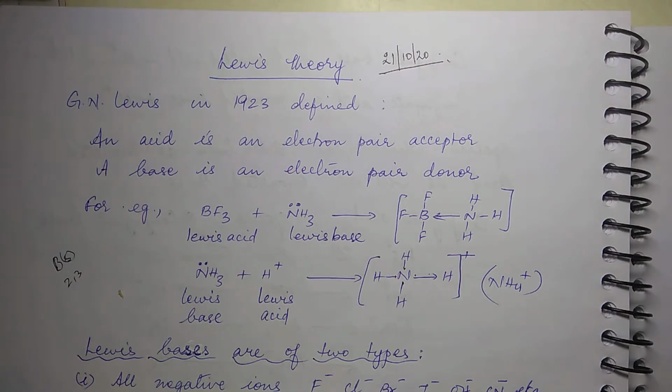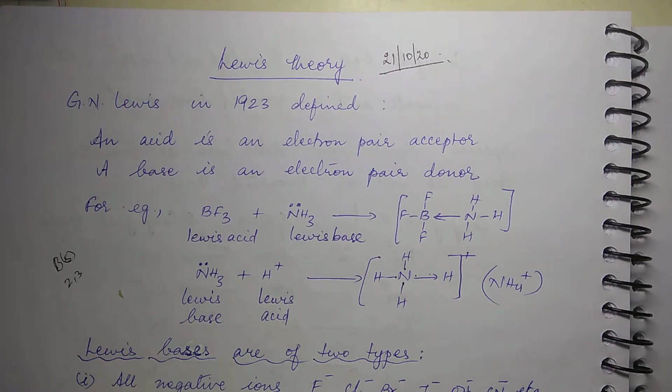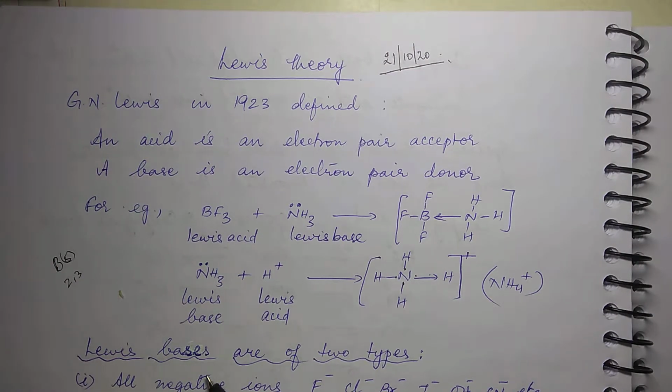Now these Lewis bases are electron pair donors. Lewis acids are electron pair acceptors. Keep telling that and register it in your memory. Now these Lewis bases are of 2 types.